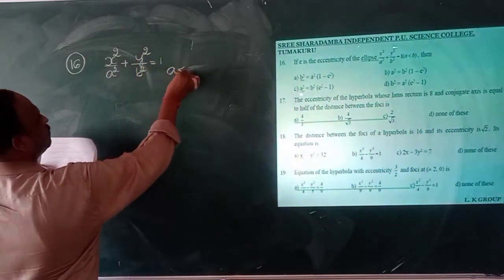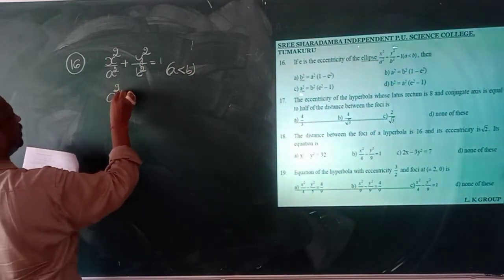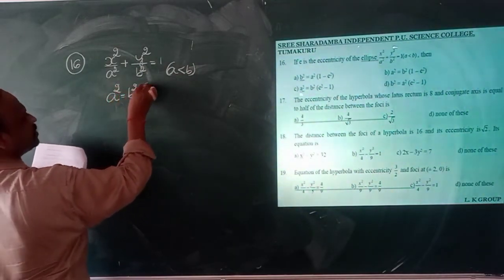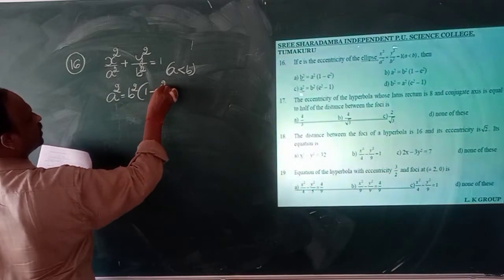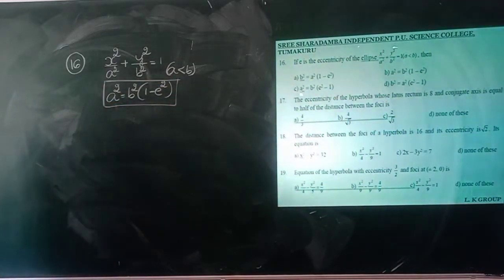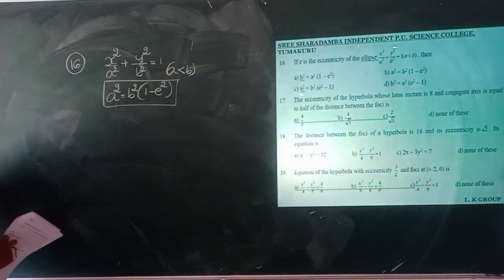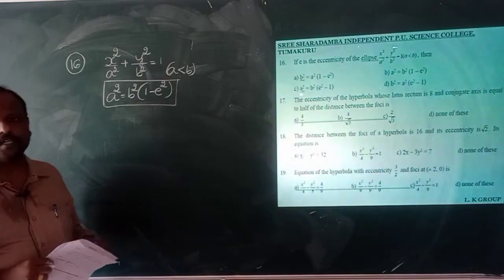Again they have given a less than b. Whenever a is less than b, the formula is a square is equal to b square into 1 minus e square. Option B is the answer.